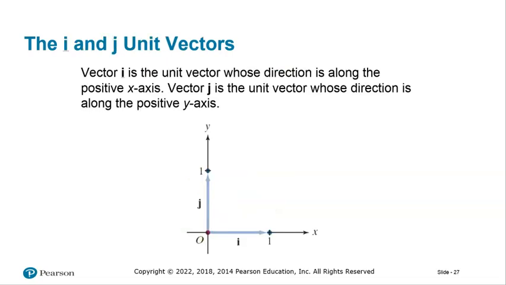All right, now I'm going to introduce you to something called the i and j unit vectors. I promise I'm going to get back to a problem eventually. We've only done one so far. It's a whole lot of definition. I used PowerPoint presentations from our textbook. In fact, at the end of this presentation, I'm going to show you the copyright screen because I did copy straight from it.